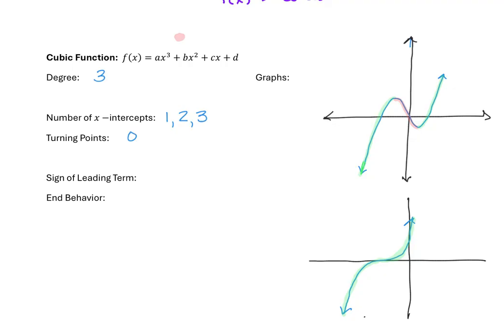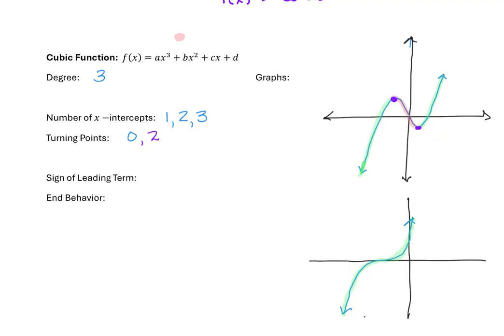And so for this one, what we have is 2 turning points. That is our possibilities. We have 0 or 2. There is no cubic function that will have just one turning point.